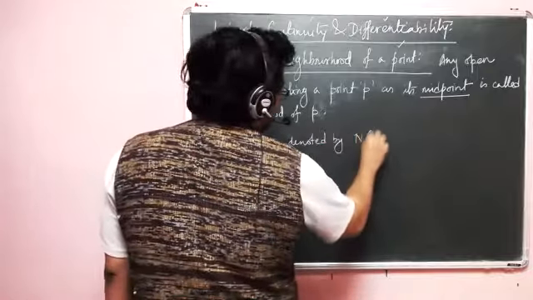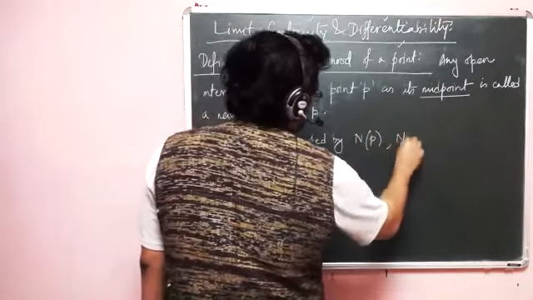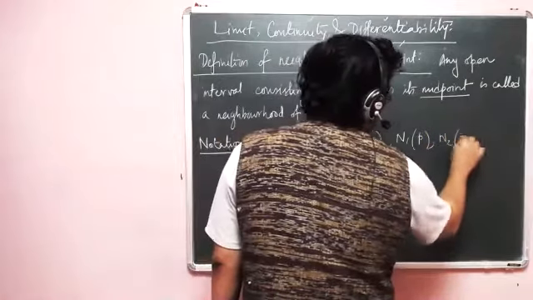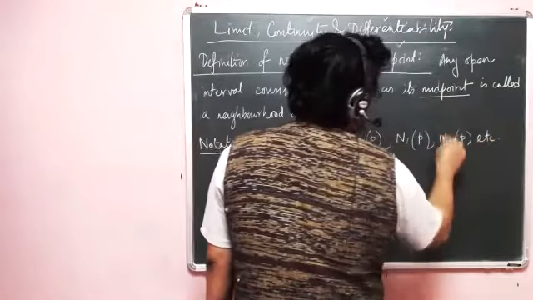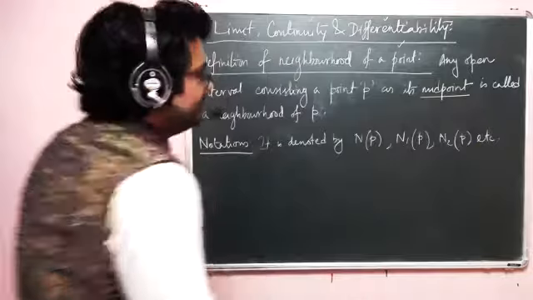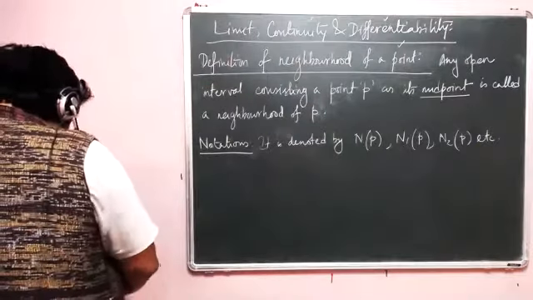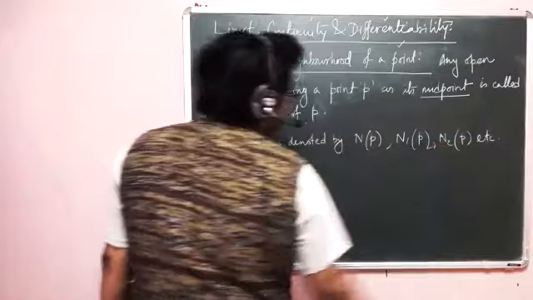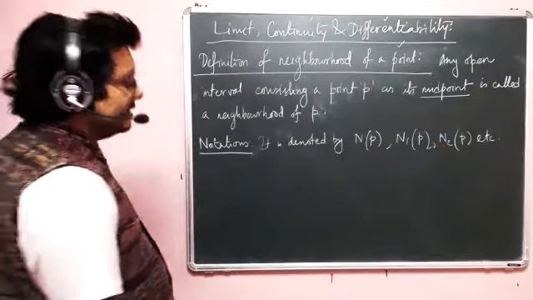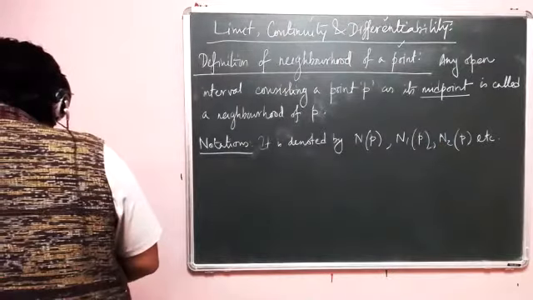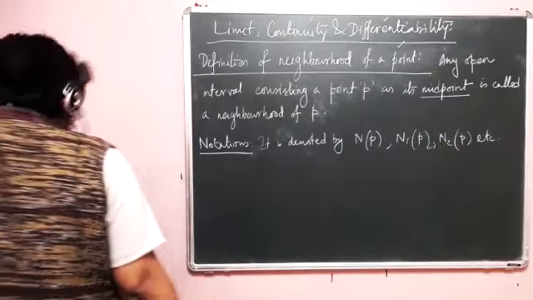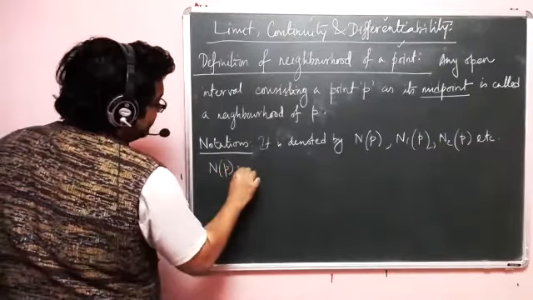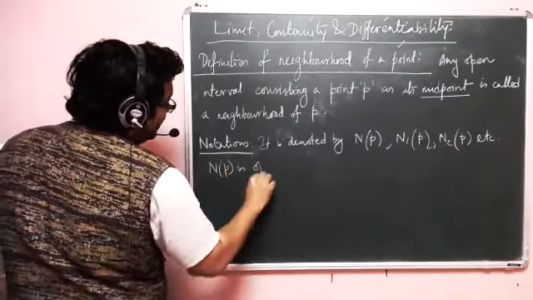We can write N(P) to denote one neighborhood, then N1(P) to denote another, then N2(P) to denote a third one, and so on. In this way we can write a series of neighborhoods. But let's take a look at some other style of writing this. So for example, N(P), let's say N(P) is an open interval.